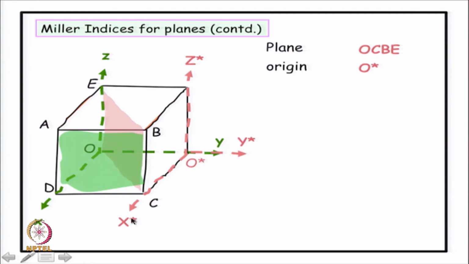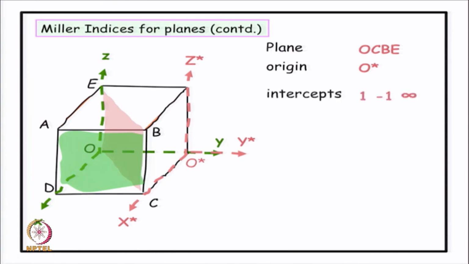So, my x star axis is parallel to x, the y star axis is parallel to y, and the z star axis is parallel to the z direction, because I want to relate the Miller indices of this new plane to my original plane ABCD.